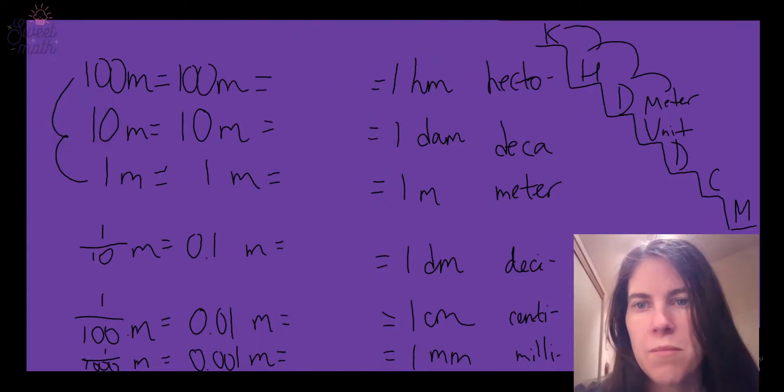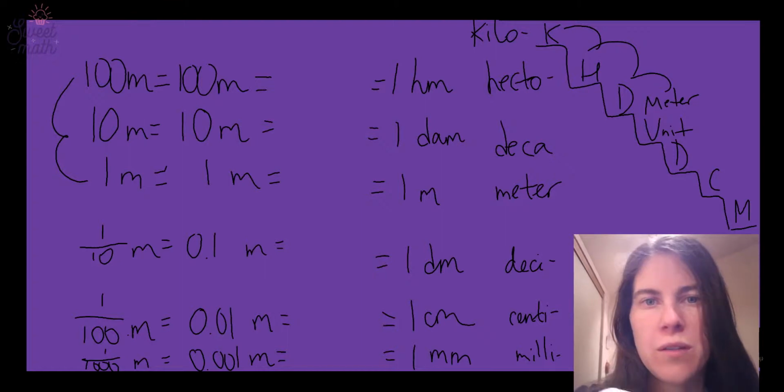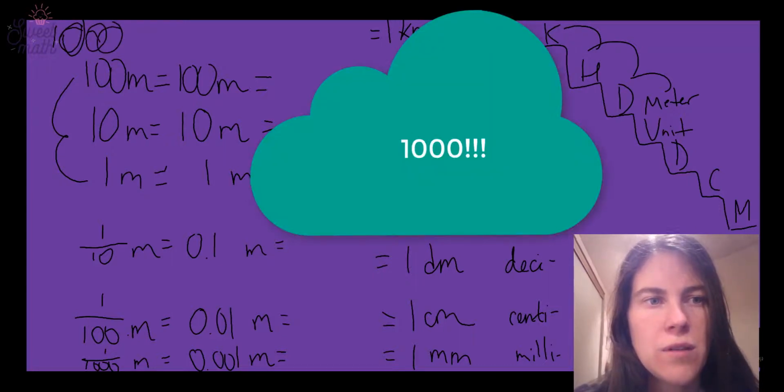To the very top, the king part of King Henry. Yeah, kilo, you're right. You knew it. 1 kilometer. That's what people that are not in the US use instead of miles. And that is 1,000 meters.